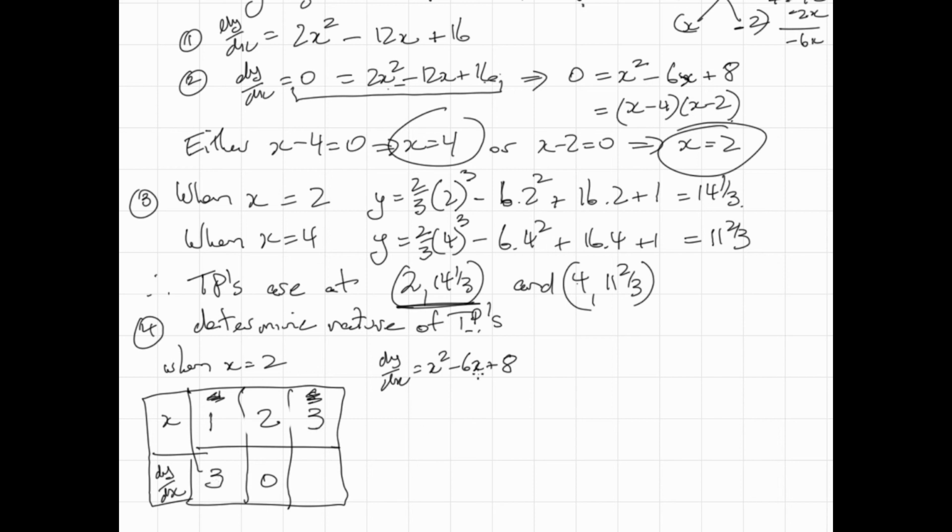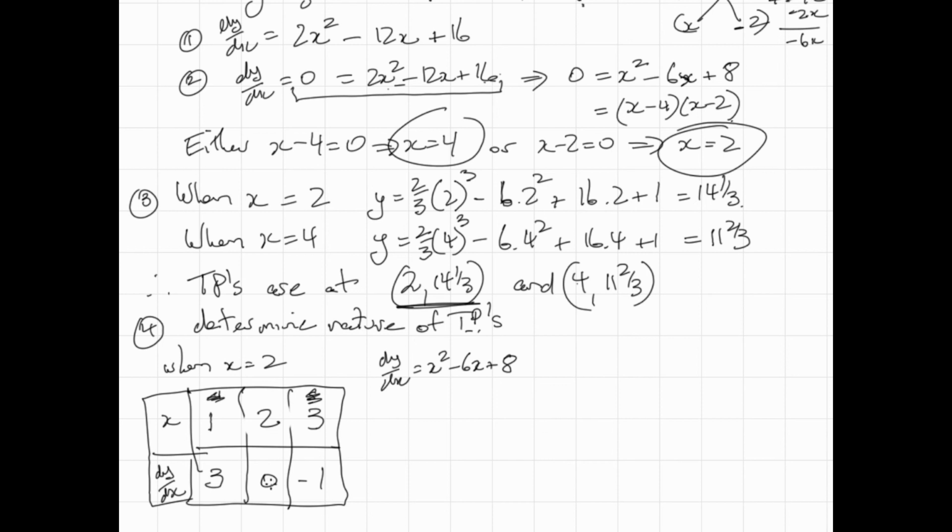And if we put 3 in there, we get 3 squared, 9, plus 8 is 17, minus 3 6s, 18. So that will be 17 minus 18, negative 1. All I've done is substitute 1 and 3 in dy dx to find out what's going on.